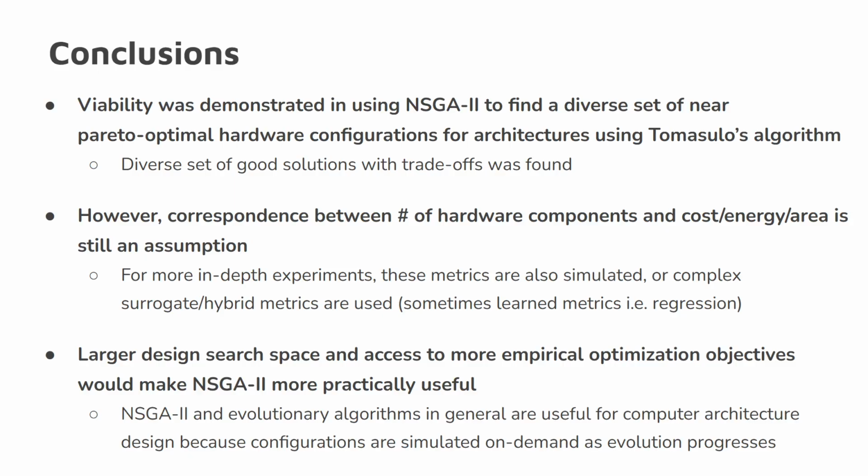And the evolutionary algorithm did find good solutions with what would be considered like a surrogate interpretation of lower cost at the penalty of slightly worse throughput. So I think that's it.